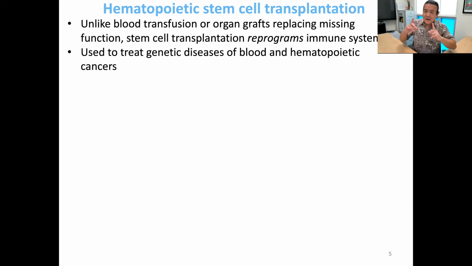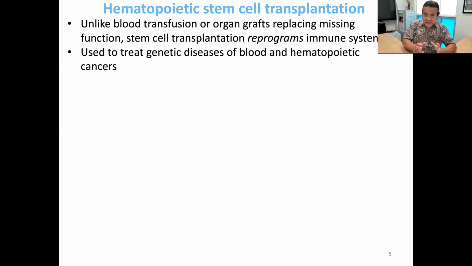Right? Stem cell transplants are different. The purpose of a stem cell transplant, I think you can already kind of reason this out, right? Stem cells give rise to all the other cells. Remember, in this class, we've talked a lot about the hematopoietic stem cells in your bone marrow that give rise to all the different types of cells that make up your immune system, that make up all the cellular components of your blood, right?